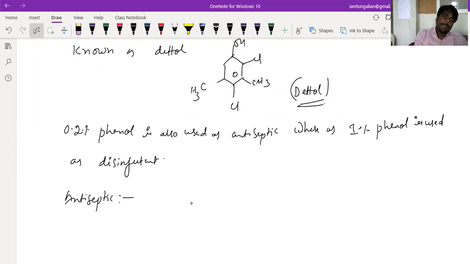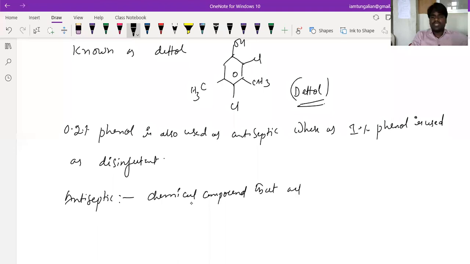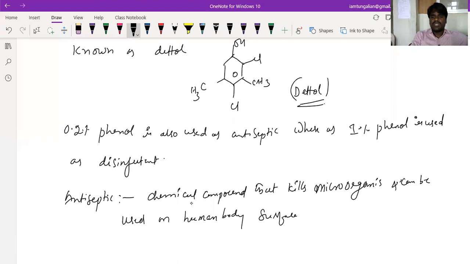Antiseptic, beta, is a chemical compound that acts against microorganisms, that kills microorganisms, and can be used on surfaces, and is called an antiseptic.